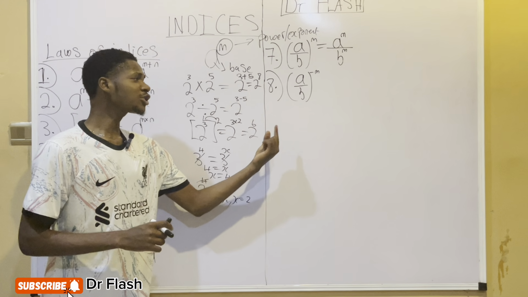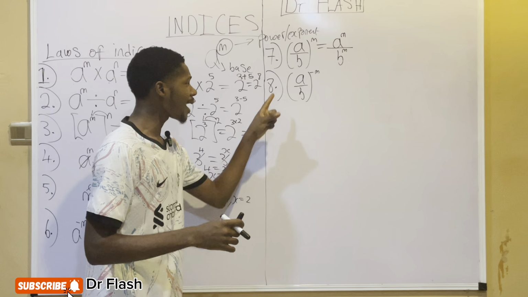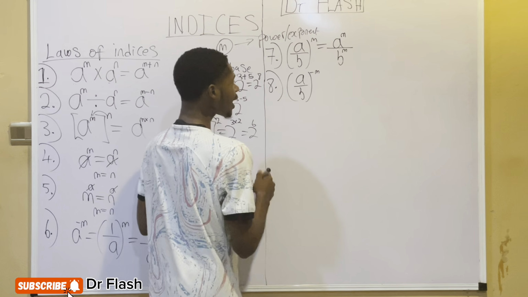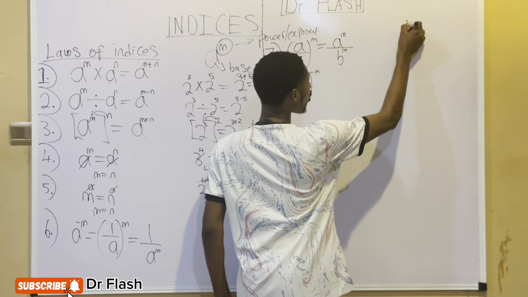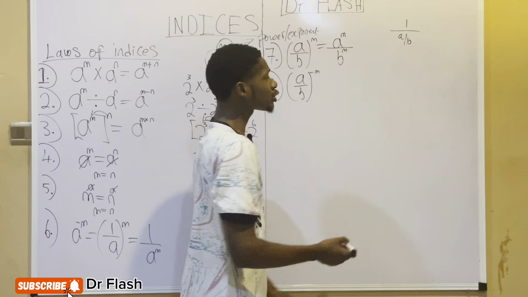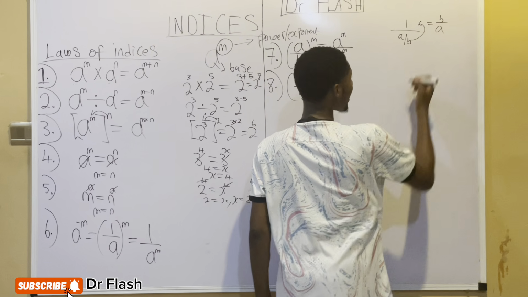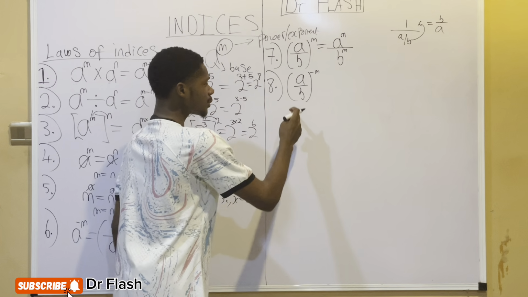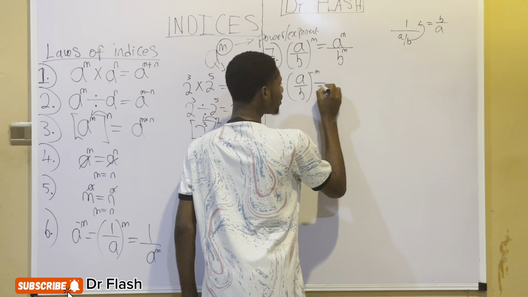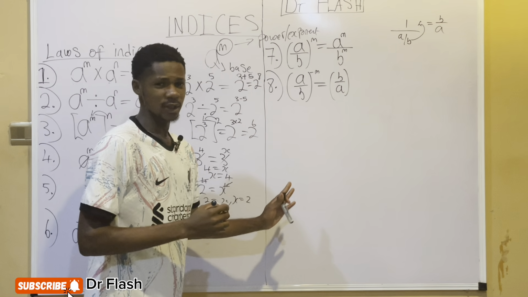If you're asked to find the reciprocal of a over b, it simply means 1 divided by a over b. If you want to simplify this, b can go to the top to give you b over a. So the reciprocal of a over b is simply b over a.